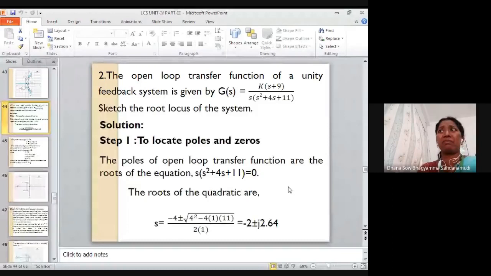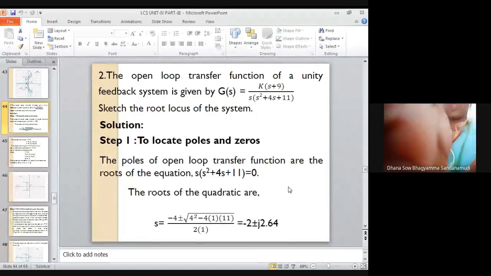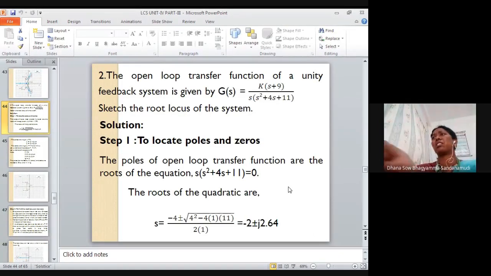I have got 2.64. Is this 2.64 correct or somebody got 3? Somebody has typed 3. So once again, recheck your answer and tell me this value. Poles: one is 0, another is minus 2 plus or minus j 3 or 2.64.